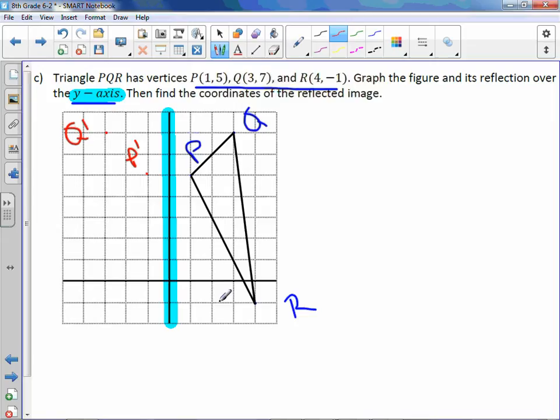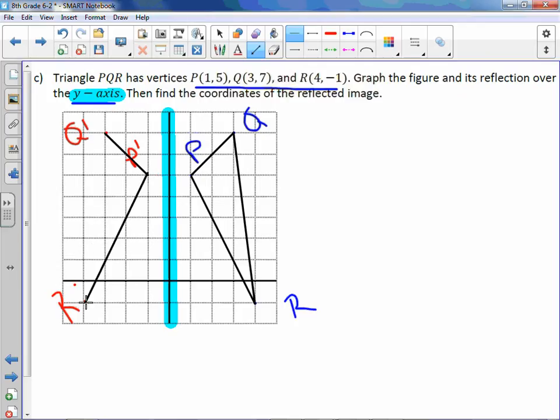And R is 4 away. This is R prime. And connect your points. So that triangle is reflected over the y-axis.